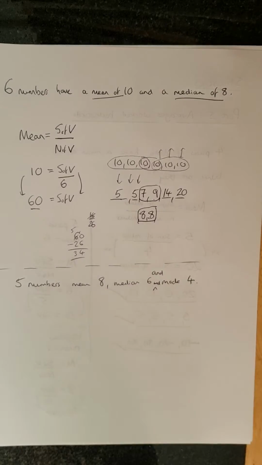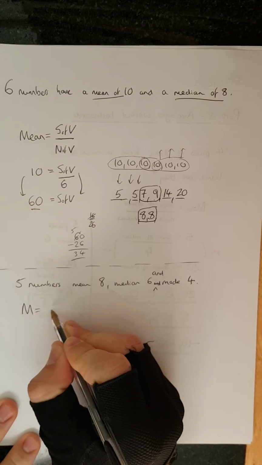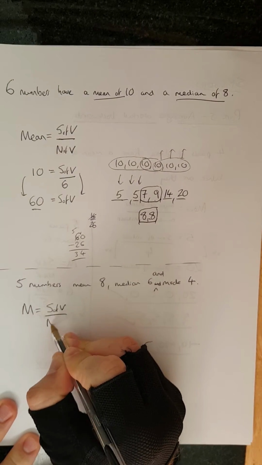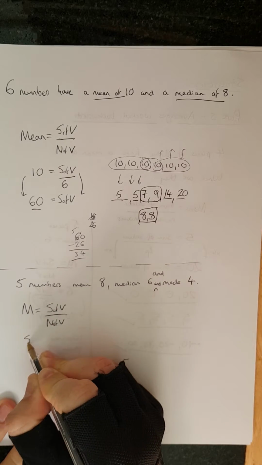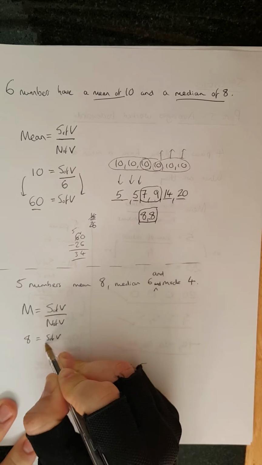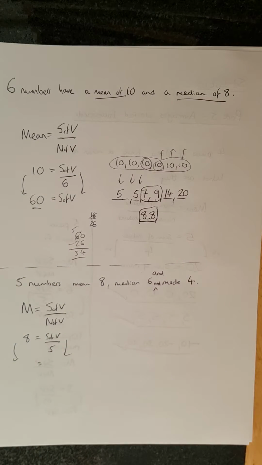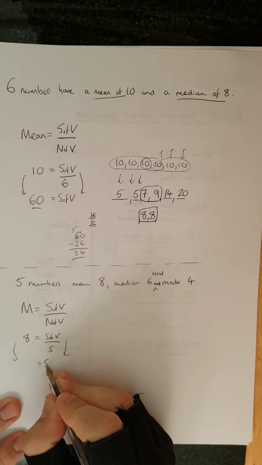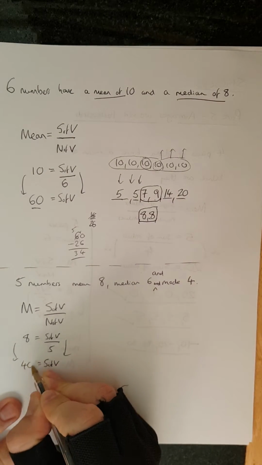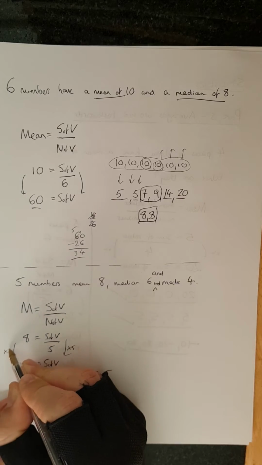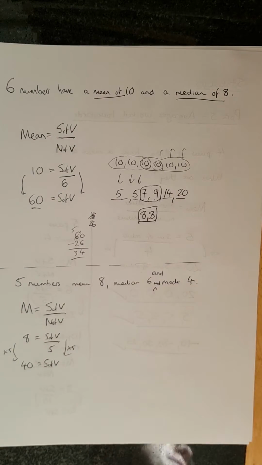So, first off, what do my numbers add up to make? So the sum of the values divided by 5 is 8. So they add up to 40. So I multiplied by 5 to cancel out the divide by 5.